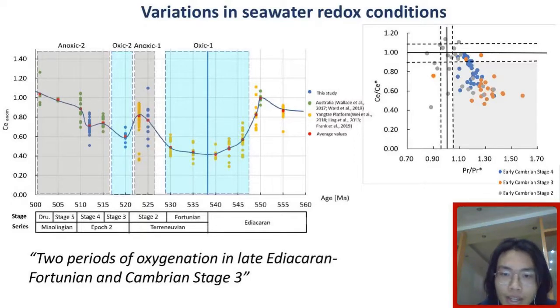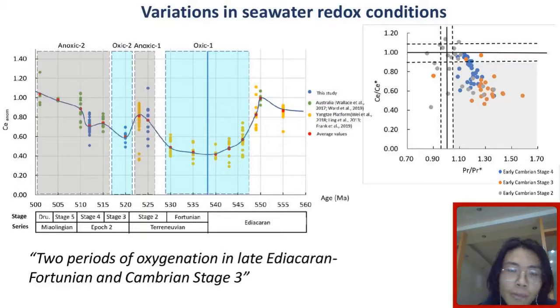During the early Cambrian stage 3, the orange dots show the cerium anomaly data are really negative, which indicates the oxic environment. Then the data increased to less negative during the early Cambrian stage 3. The increase of cerium anomaly shows the appearance of anoxic water and the removal of oxygen in shallow water.